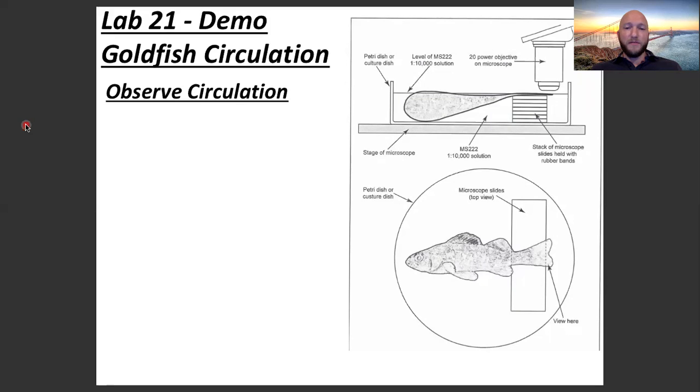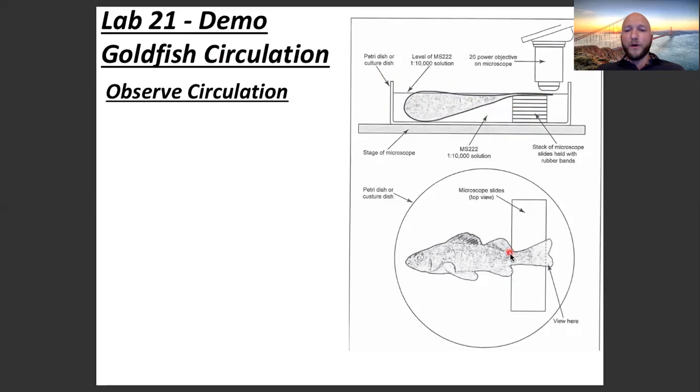Don't worry, I'm 100% on waking the fish up. We put the fish to sleep, and then we put the fish in a petri dish with some water, and we put the tail on a stack of microscope slides. Then we slide that underneath a microscope that's connected to a television at the front of the room.